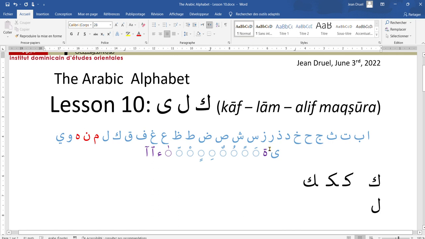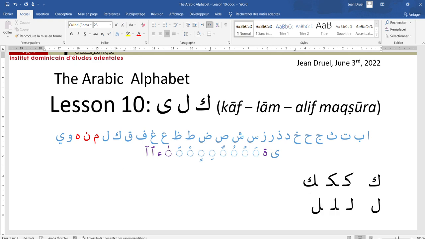The lam also connects on the right and on the left, and the tail is just a bit more curved than the kaf, and there is no little kaf inside, obviously, and there is no stroke here. So this is the lam, isolated, initial, middle, ending form.